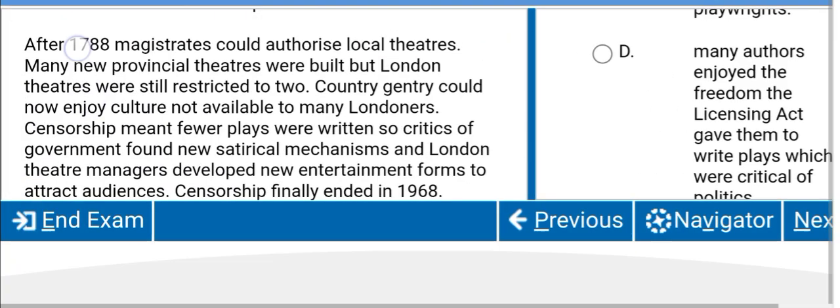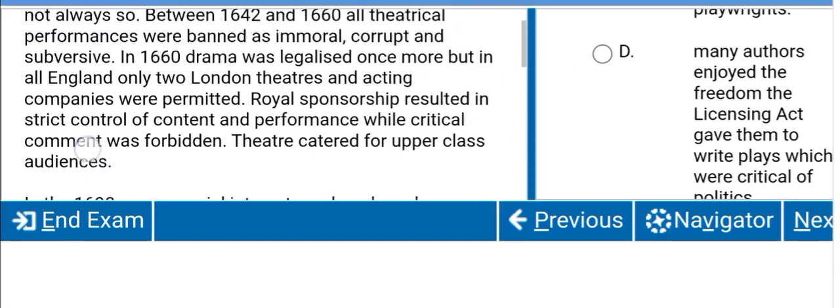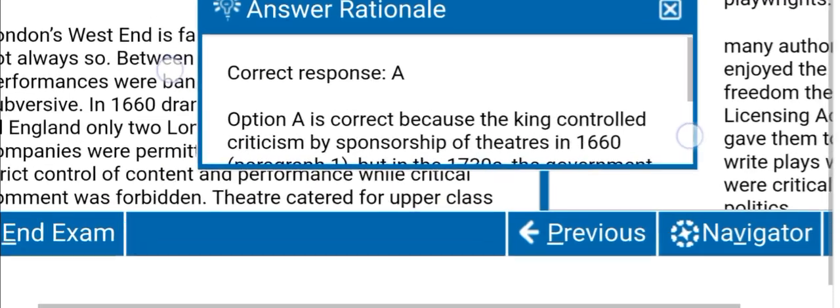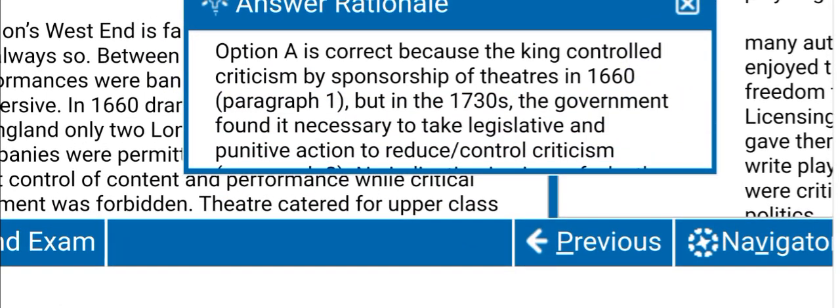Again, we have the same passages from the last questions. So option A is correct because the king controlled criticism by sponsorship of theatres in 1660. This one is from paragraph 1.